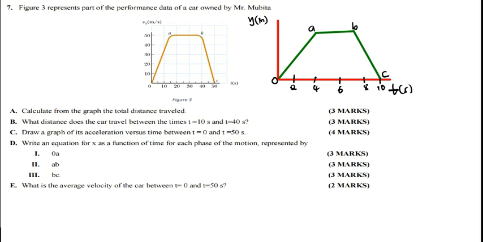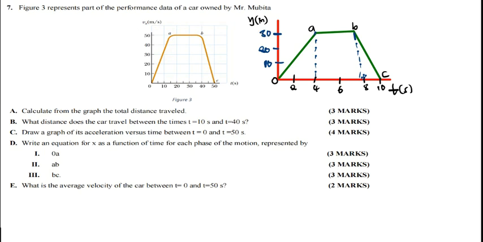So we can clearly see that this time here it is straight on 4. This one I want it to be straight on 6. Meaning that here I'm going to put now numbers: 10, 20, 30.